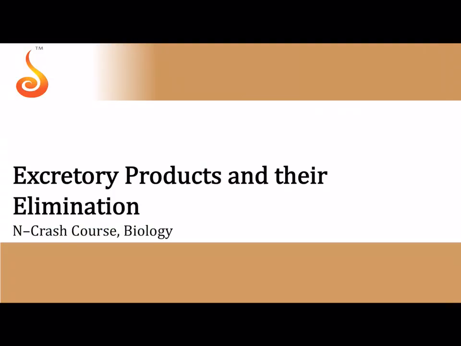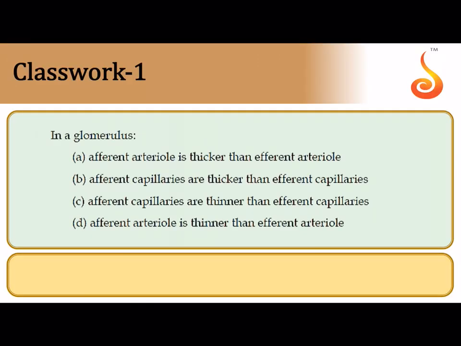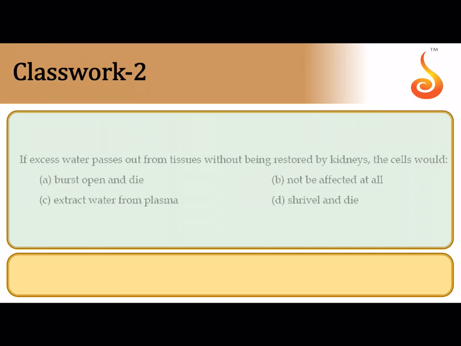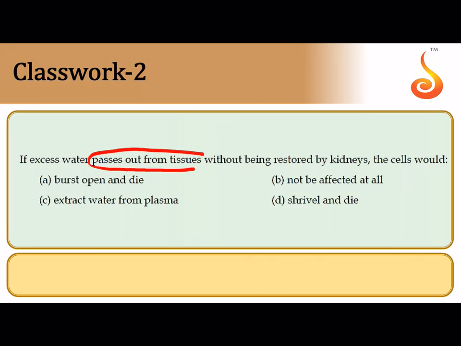Now moving on to the last chapter, excretory products and their elimination. In the glomerulus, we have discussed that the afferent arteriole is thicker or broader in comparison to the efferent arteriole. If excess water passes out from the tissues, if your tissues lose their water because the kidney is not reabsorbing it, obviously the person will produce a lot of urine, frequent urination, because the cells are losing water.